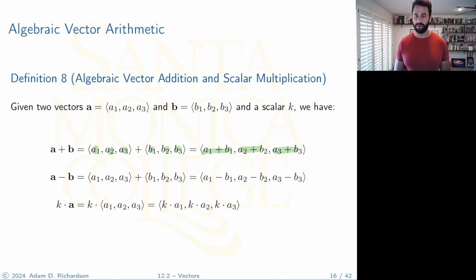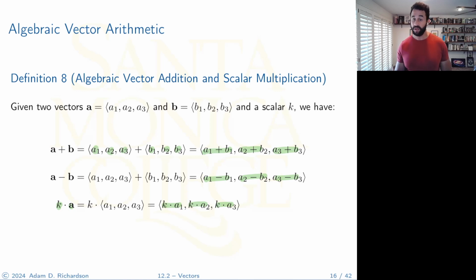Vector addition occurs component-wise. Same thing with vector subtraction. And scalar multiplication is also component-wise. The moral of the story here is that this is really just happening component-wise. So k times a is just applying the scalar k to every component, like so.